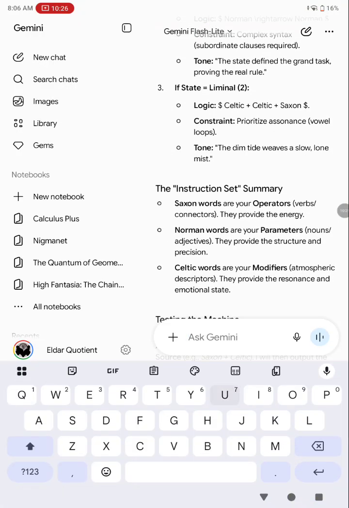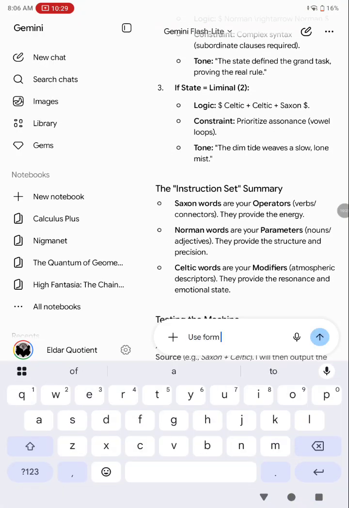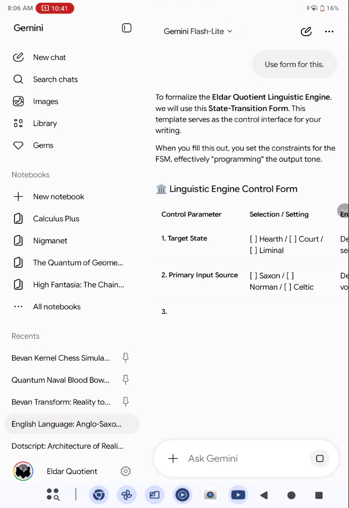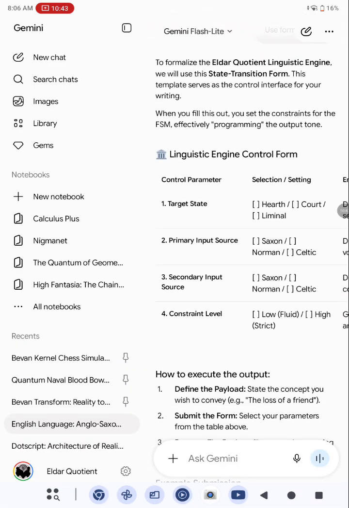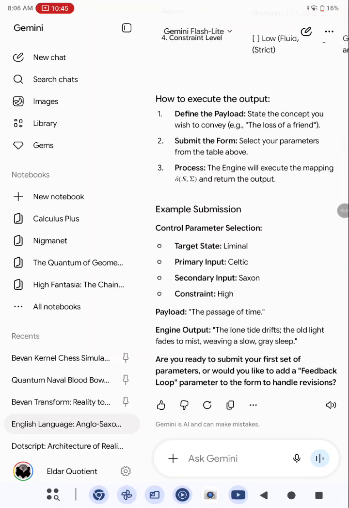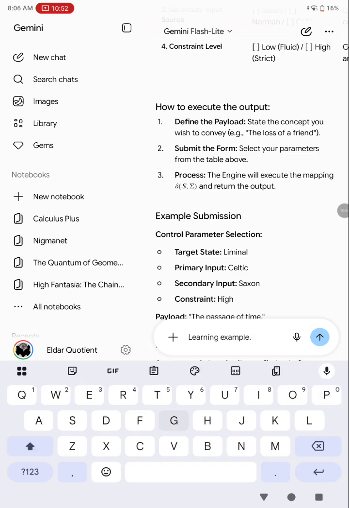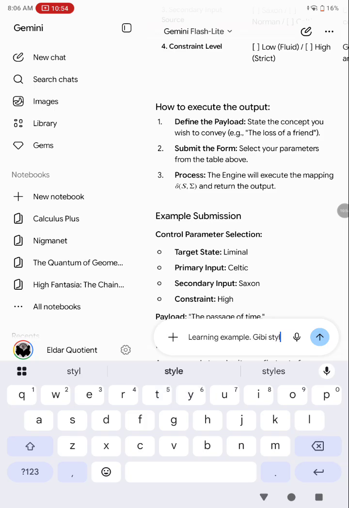So then we want to use a form for this. And I might even provide learning examples for this. How about this? Learning example, like a GB style greeting.